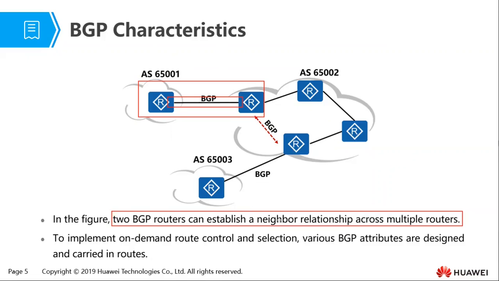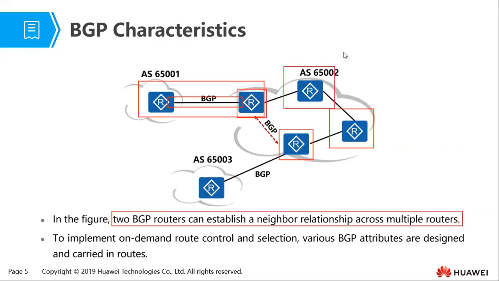So that's one of the things. Number two, they can also establish neighbor relationships across multiple routers, as we are going to see. So for example here, this router has been able to form a BGP relationship with this router via this and this router, because they are not directly connected, but they have established a BGP relationship.